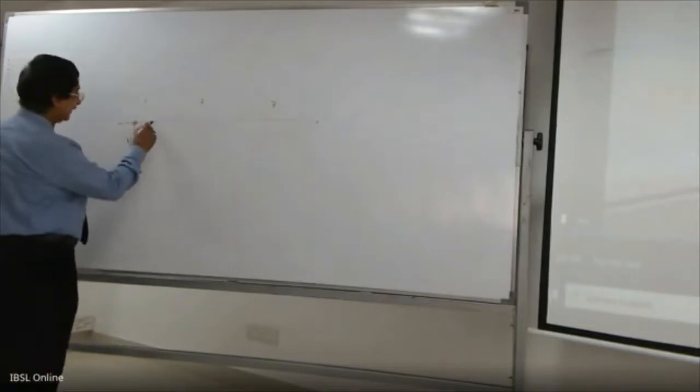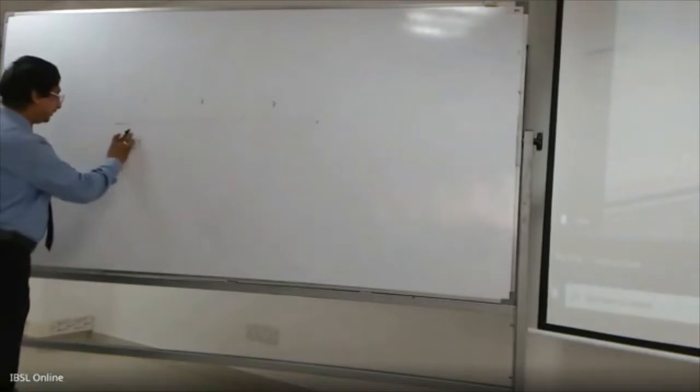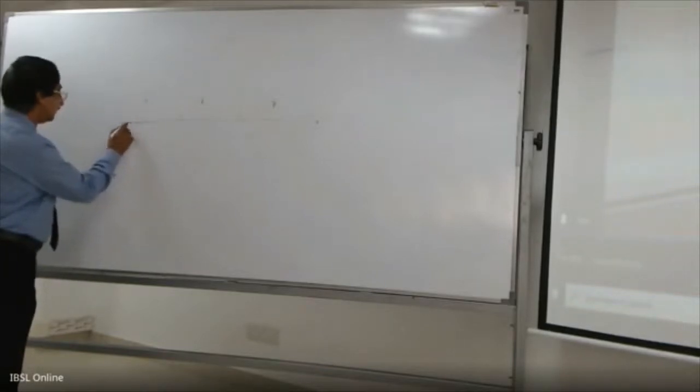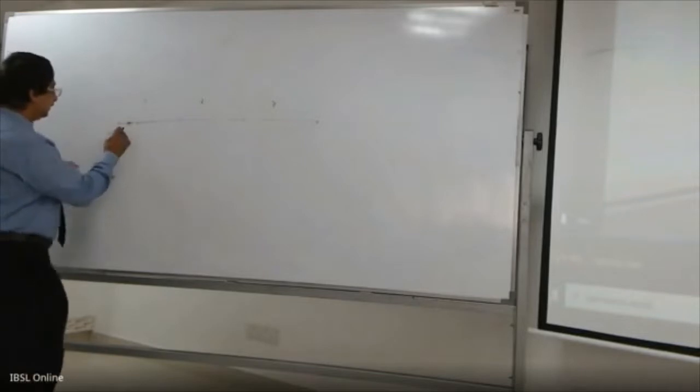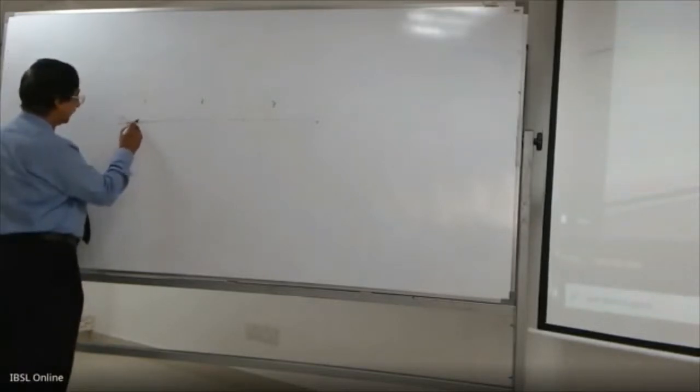We can say this is 6 months, then it should be here, 6 months. Then this is 3 months, and 2 months is somewhere here. So we can say 2 months. The rest of the period would be 4 months.